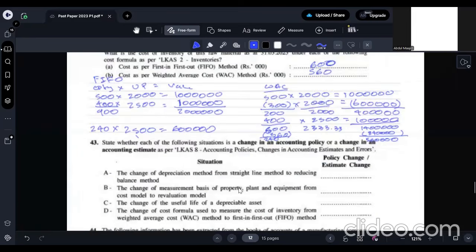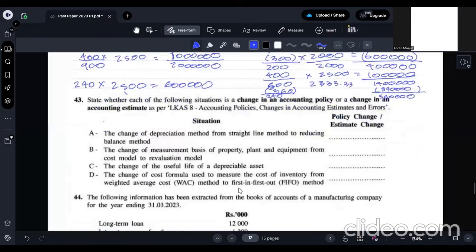Next, 43. State whether each of the following situations is a change in an accounting policy or a change in an accounting estimate. A. The change of depreciation method from straight line method to reducing balance. Depreciation method is an estimate change.